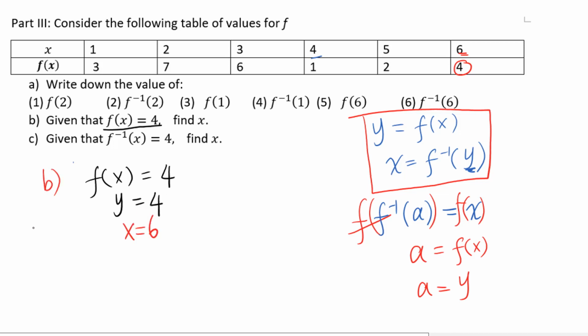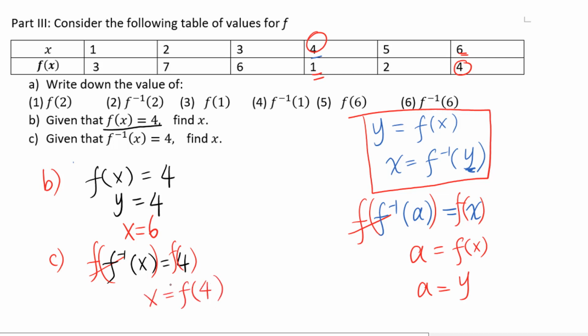This is for B. For C, let's do f of both sides. You will get these two cancel. X equals f of 4. For f function, when x equals 4, f of 4 equals 1. Therefore, for this x equals 1.